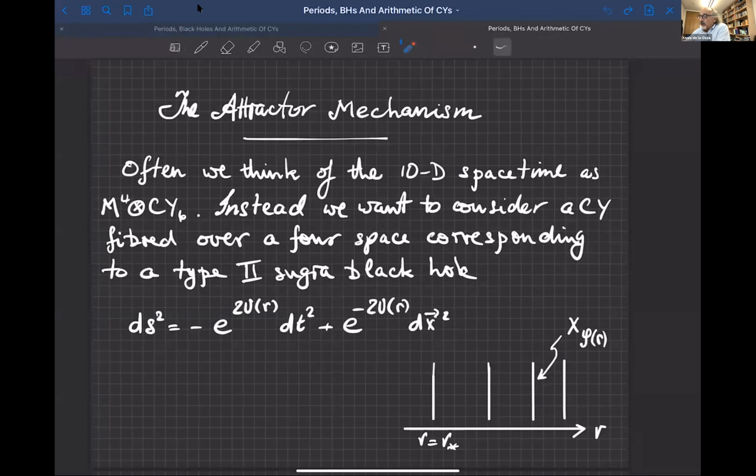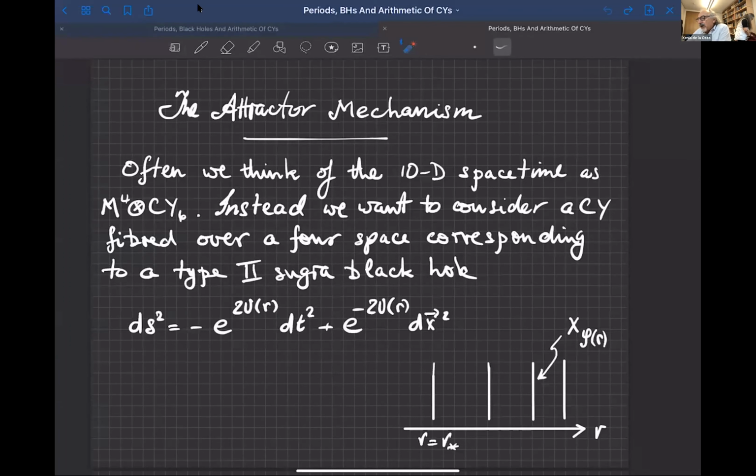The 4-dimensional space corresponds to a supergravity black hole. For the case that the black hole is spherically symmetric, the problem simplifies because really the only dimension that matters is the radius.